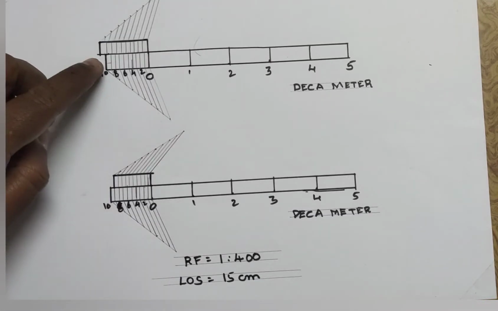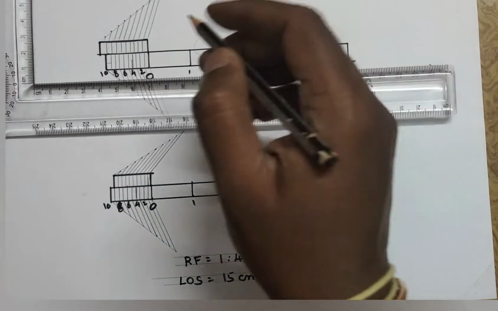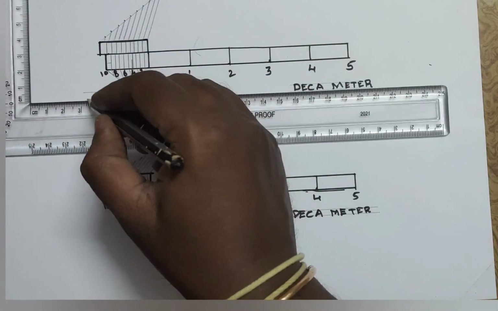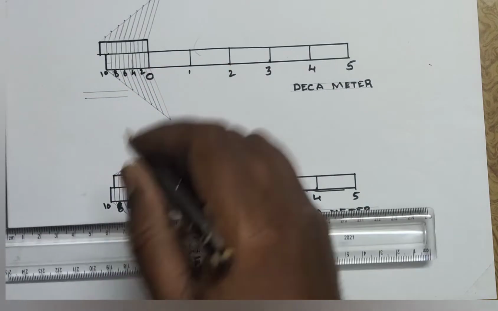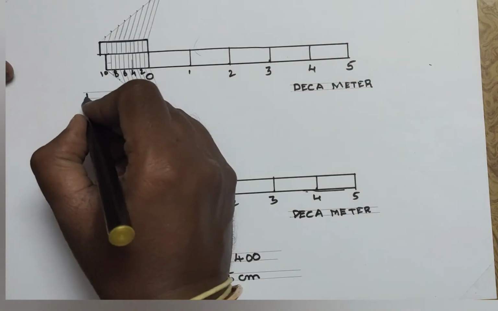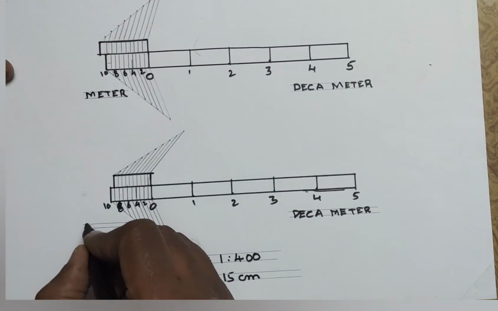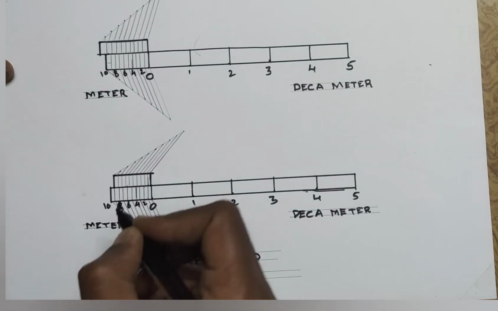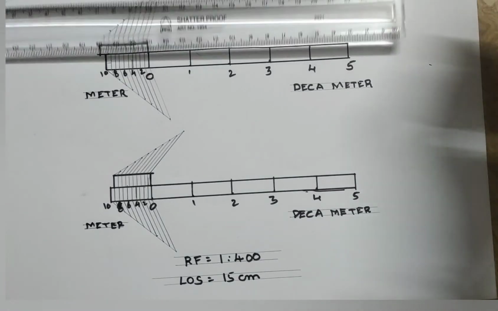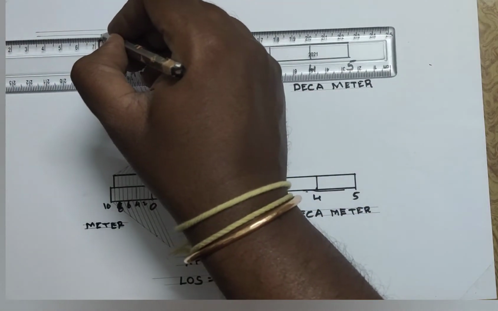Now actually this is 10 meters. So what is the unit of it? It is meter. This is also meter. Now automatically the vernier unit will become decimeter.